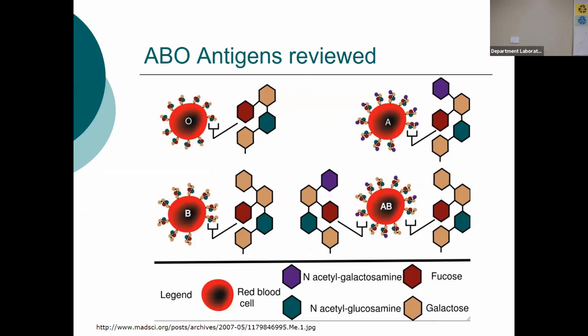The thing you need to remember about AB is you have both the A antigen and the B acting on the H. Your AB groups are going to have the least amount of H substance because they have both A and B acting. Once either N-acetylgalactosamine or D-galactose is added, it masks your L-fucose, which is your H substance. So if we were to measure the amount of H substance, our A1B patients have the least amount of H substance.